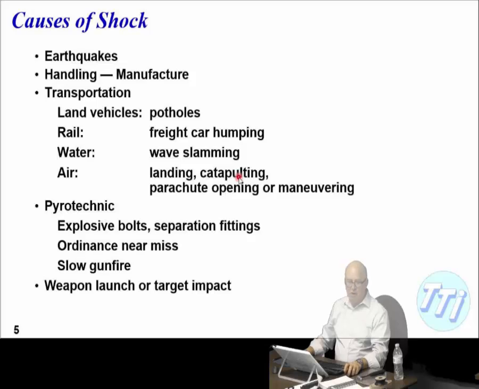If you're flying off an aircraft carrier, the catapulting itself is a major shock to the system as it goes off. By the way, your aircraft are probably not hardened for carrier landing, are they? No, carriers. No, but you don't harden them either, do you? No. If you think of aircraft that both the Army and the Navy have got, supposedly the same aircraft, they're really not.